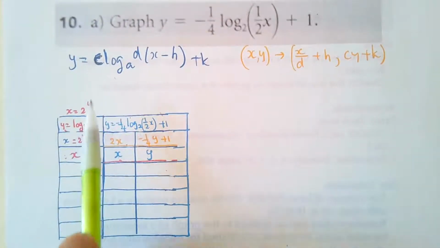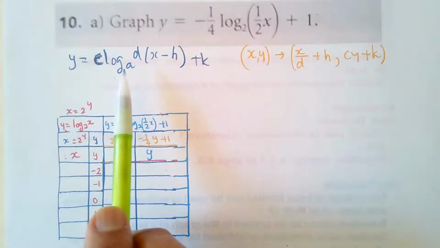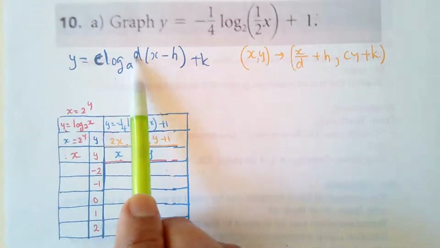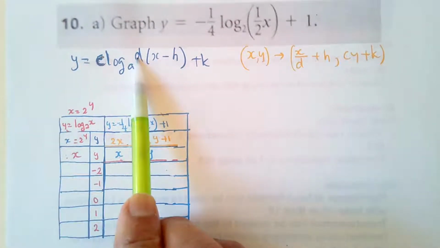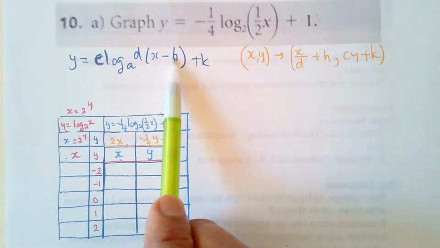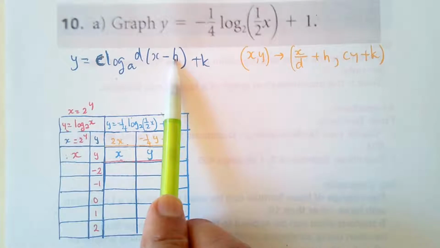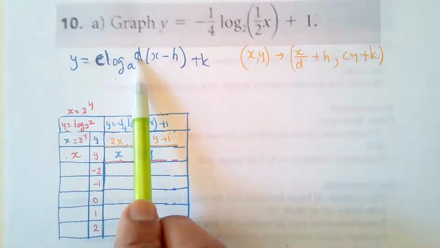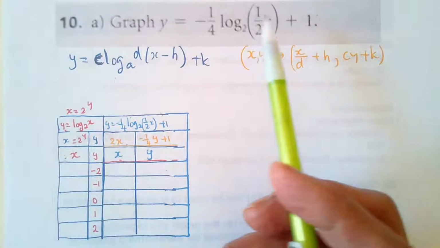Just to remind you, C refers to the vertical stretch, D the horizontal stretch, factor of 1 over D. The H refers to the horizontal translation, and the K, vertical translation. We said if D is negative, then we have a reflection, and if C is negative, we have a reflection.